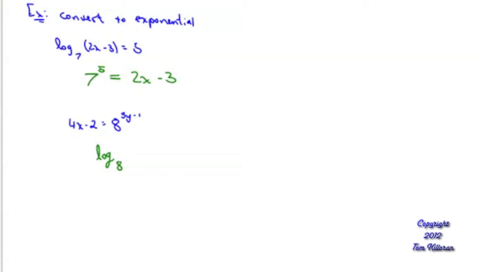So the base is 8 of what? 4x minus 2. And it's equal to 5y minus 1. Ta-da. If you can do these two things, you can solve half of the equations I can throw at you without any blinking of an eye or sweating or anything like that. Because if you can change a log into an exponent or an exponential into a log, you can actually solve most of the log exponential equations.